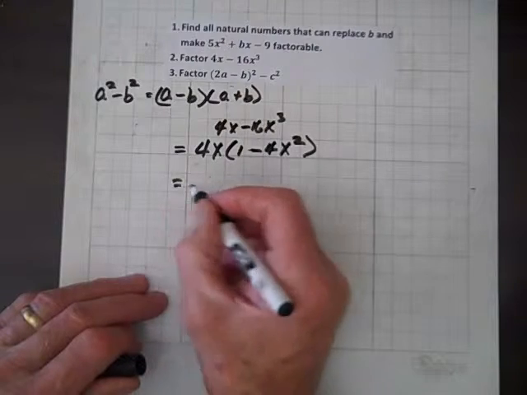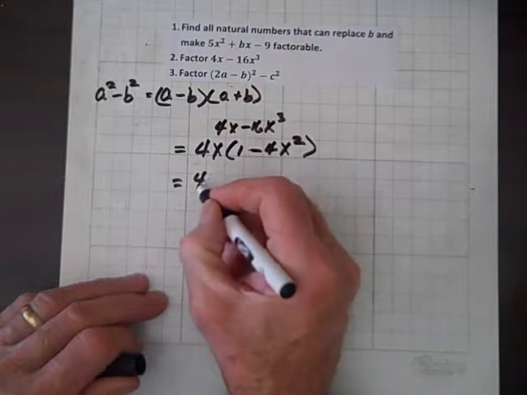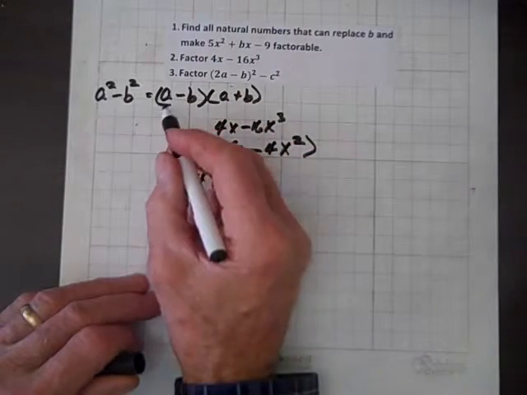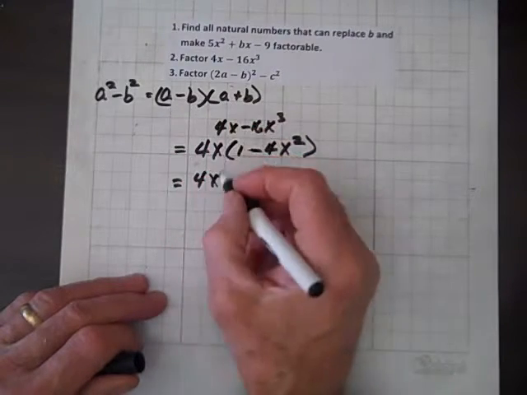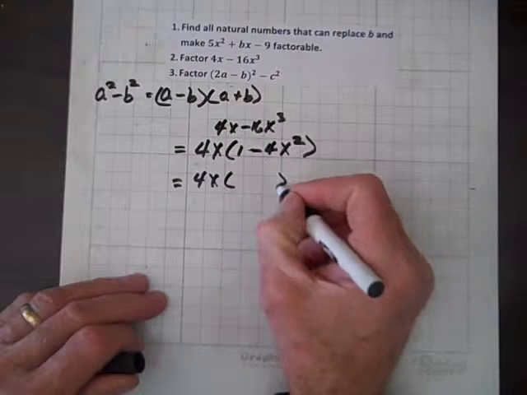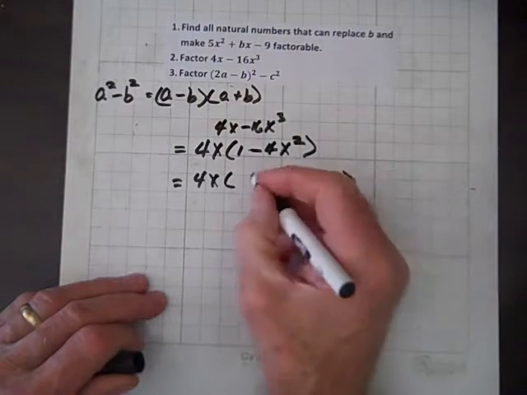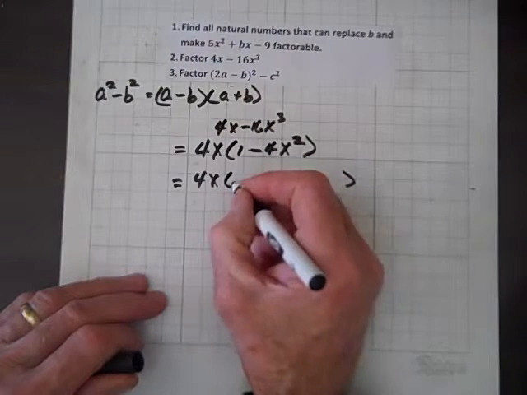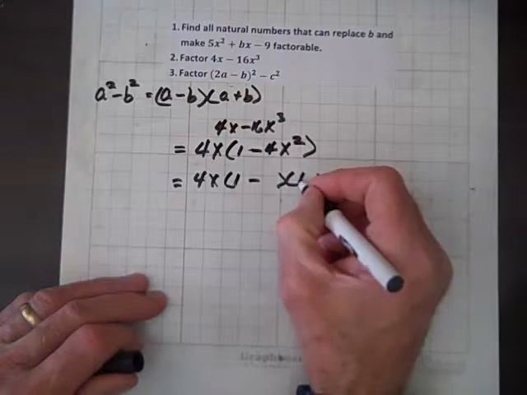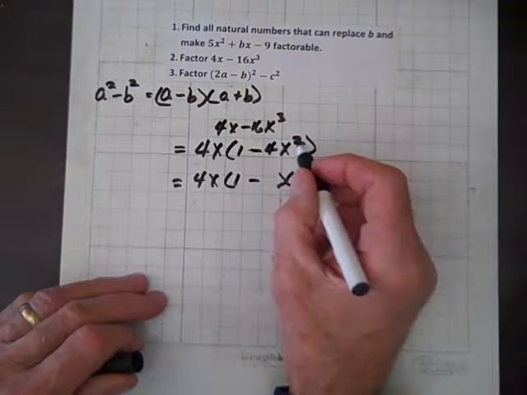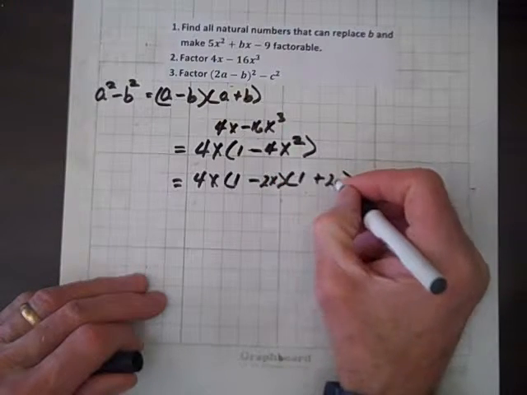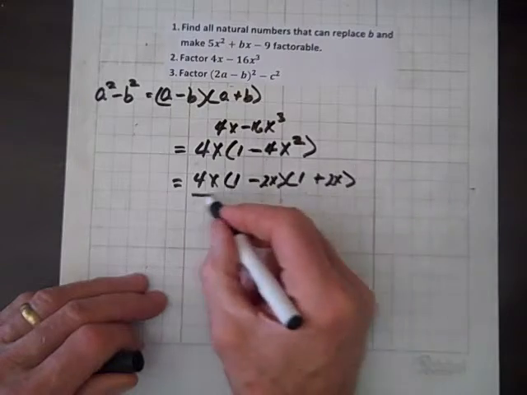Now, 1 is a perfect square, and 4x squared is a perfect square, so it will fit this criteria. So we need two sets of parentheses. We're going to put a minus sign and a plus sign. What's the square root of 1? It's 1. What's the square root of 4x squared? Well, it's 2x. And 2x, and we are done.